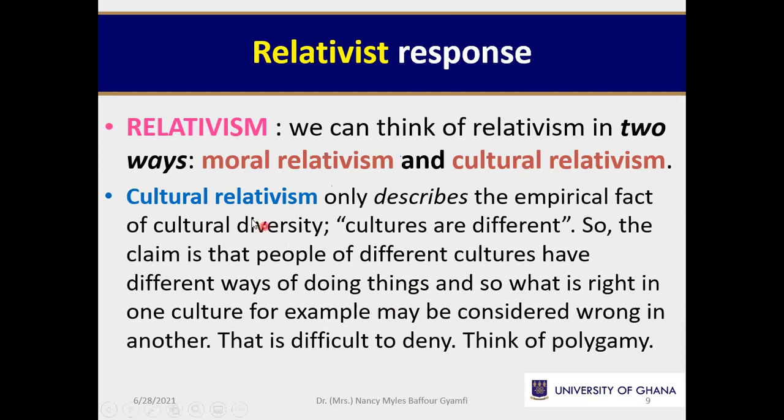So the point is, the cultural relativist seems to be describing the obvious, seems to be saying that cultures are different. So what happens here will not necessarily be what happens there. And that is why what is right in culture A need not be the same as what is right in culture B.